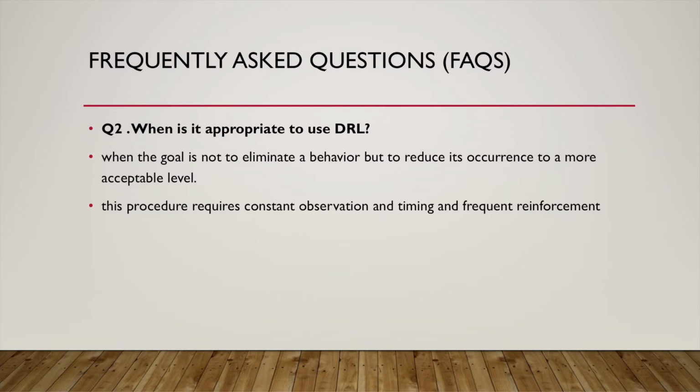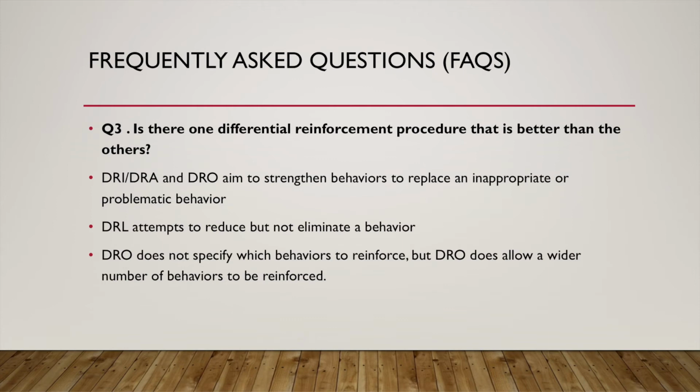It may require additional personnel, especially in the initial stage. So the last question would be, is there any one differential reinforcement procedure that is better than the others? The short answer is that each comes with both advantages and disadvantages.